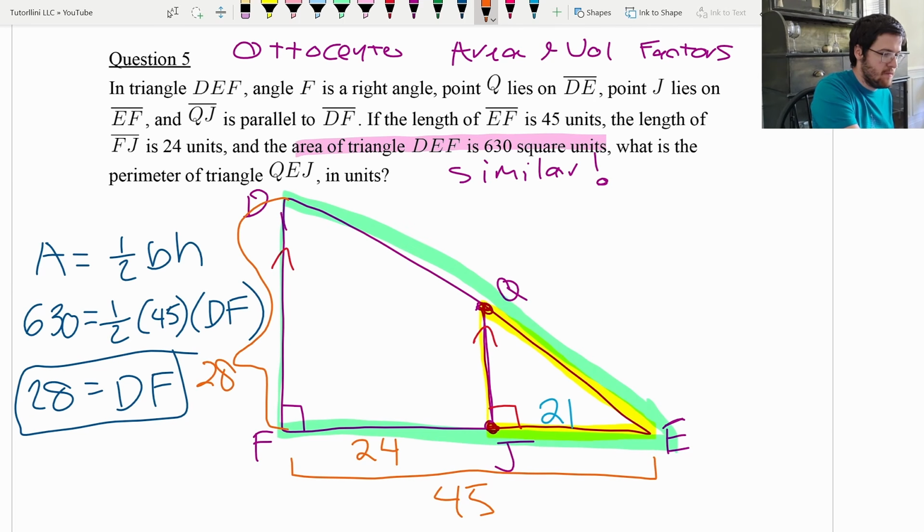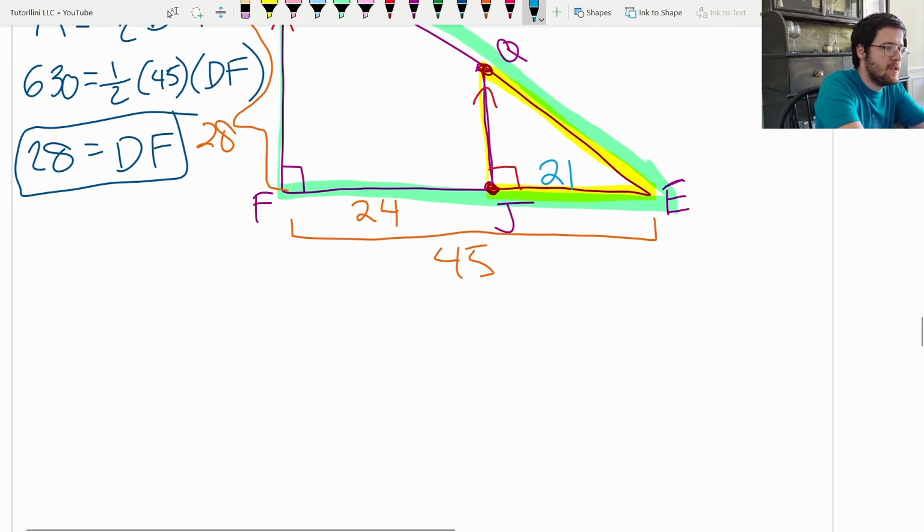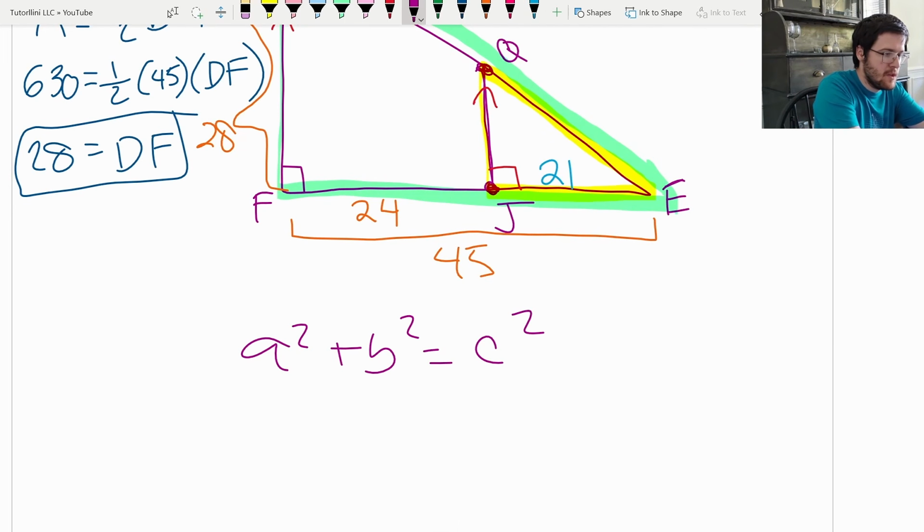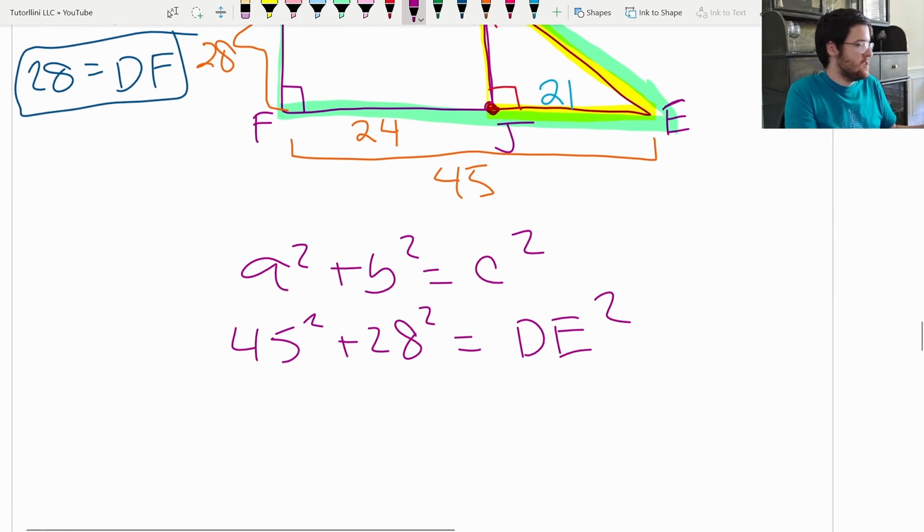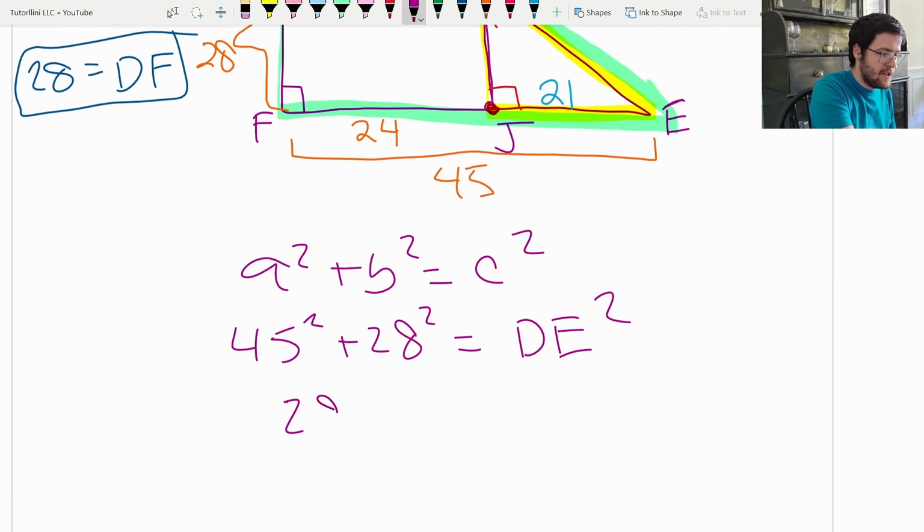And how about, while I'm at it, I'm going to do Pythagorean theorem on the big triangle and find the hypotenuse DE. So a squared plus b squared equals c squared. So 45 squared plus 28 squared equals DE squared. 45 squared plus 28 squared, that's 2809.